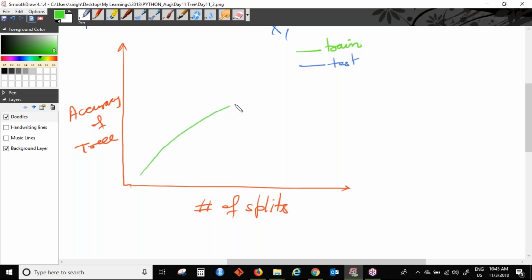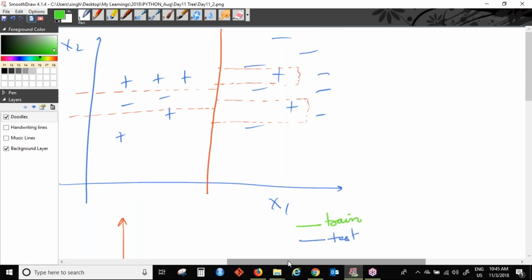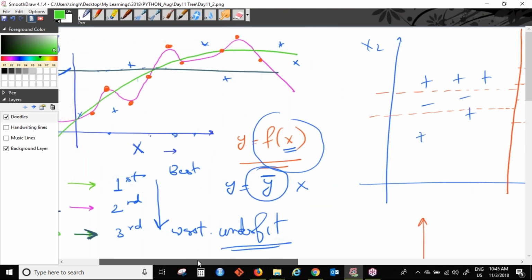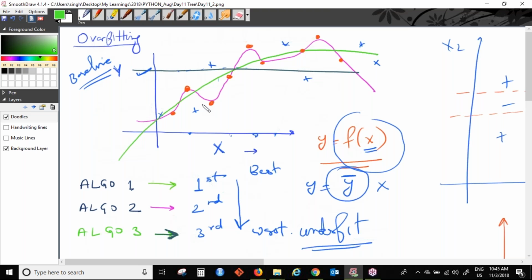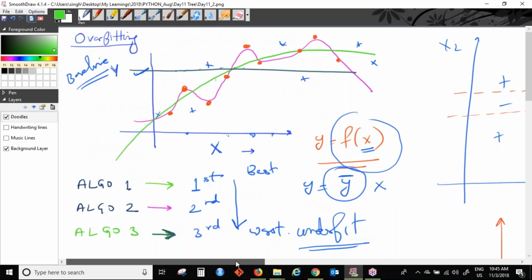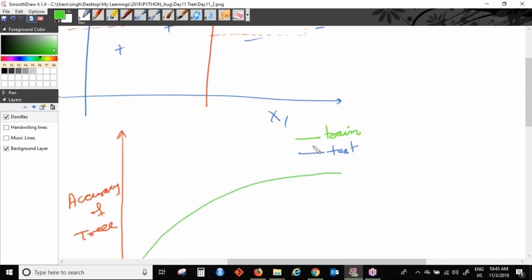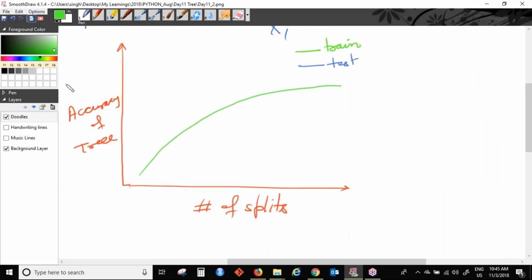Yes, that is correct. It will increase. It will go on increasing. As we discussed, for example, this pink algorithm will always have very good accuracy on the training data, right? We are talking about the training data. So the more complex you become, the better it is on the training data. So it always increases like this. Now, what about the test data?